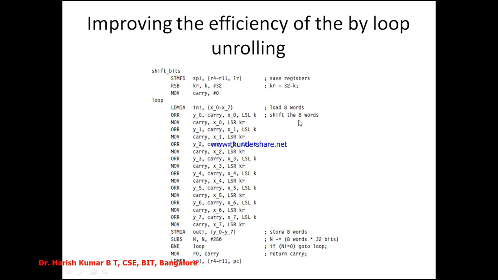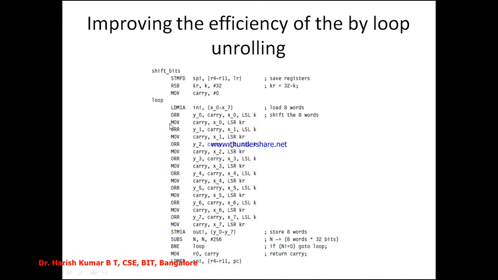to x7. 8 words I'm loading simultaneously, from x0 to x7. That is the range. Again, x0 is an alternative name to some register, and x7 is an alternative name to some register. From this address I'm loading multiple data items from x0 to x7, and then finally ORing this and shifting the 8 words. I have to do this for how many words?